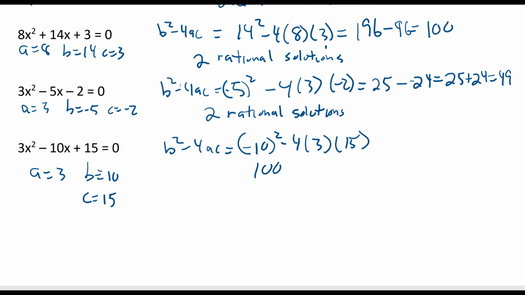So 100 minus, and then 4 times 3 is 12 times 15 is 180. So we get negative 80. And this would be the last case. So we have two complex solutions.